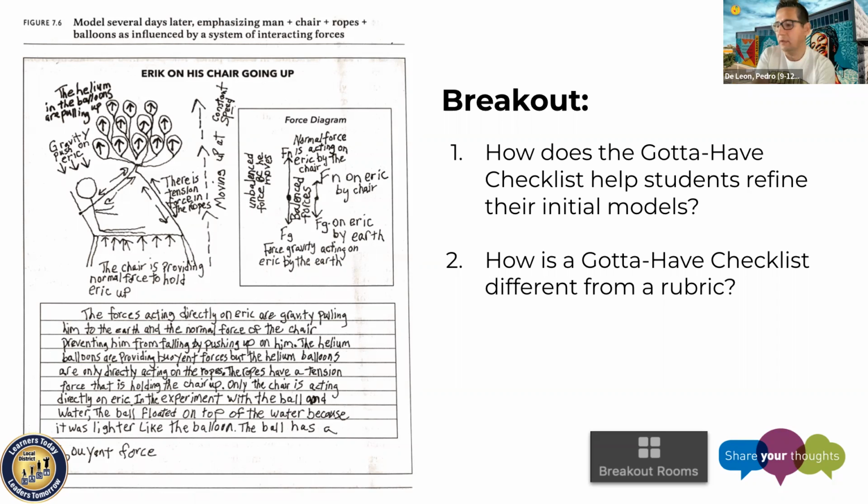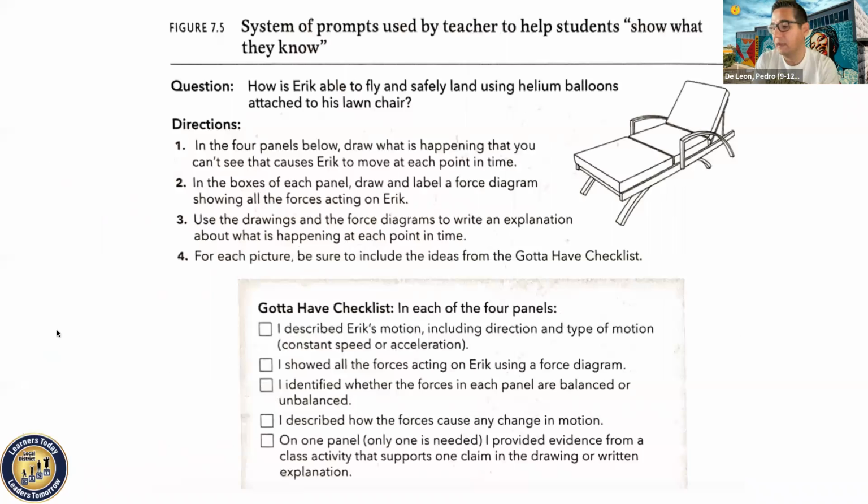So we started noticing the difference between the first image and the second image. We noticed that the first image had a very limited number of forces drawn in there. And if we compared it to the second diagram, we noticed that there were a lot of forces in the balloon, on the person: gravity, upward force, tension between the strings. We said that the gotta have checklist pretty much provided some sort of guidance for students as far as what they needed to do.